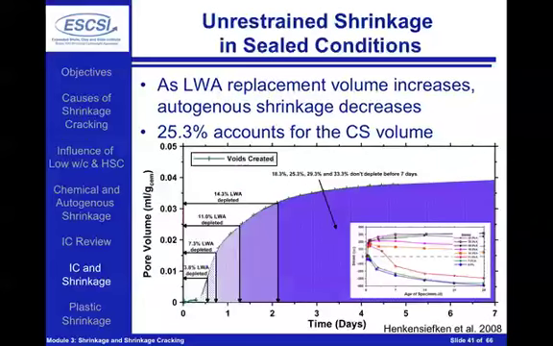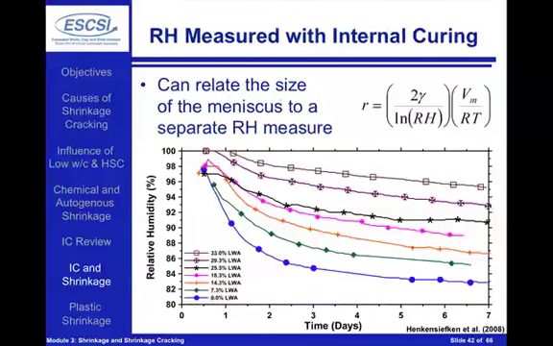So the basic idea here is we want to supply enough water inside of the lightweight aggregate that we match that chemical shrinkage volume, and that we have enough water in the system for the right amount of time. The other thing that we can do is measure the relative humidity inside of the system, which is an indirect measure of the size of the pores that are emptying out.